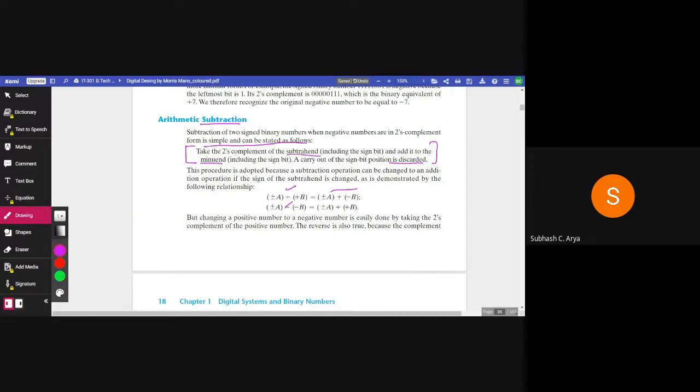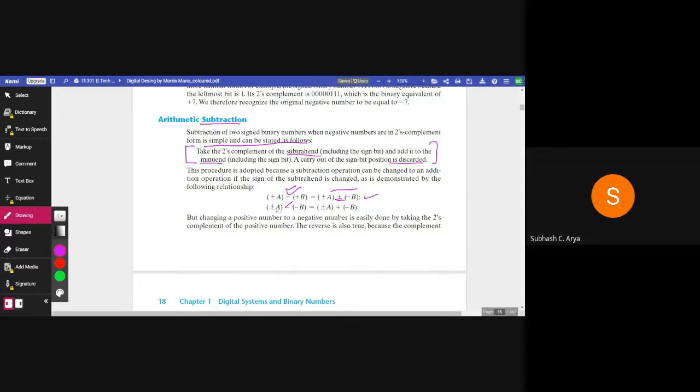So plus is coming out and the minus is going inside, and then it is very easy to represent the minus number in complemented form. So we do only the addition operation, although we were asked to do the subtraction.